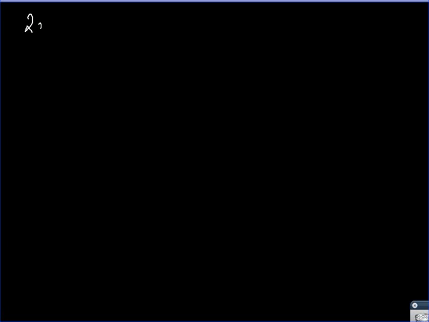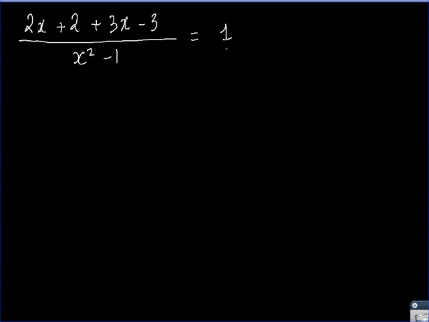So we've got 2x plus 2 plus 3x minus 3 all over x squared minus 1, and that's still equal to 1. So I'm going to collect the like terms: I'm going to add the 2x and the plus 3x together, and add the plus 2 and the minus 3 together.